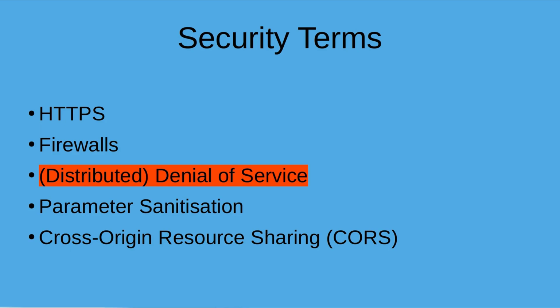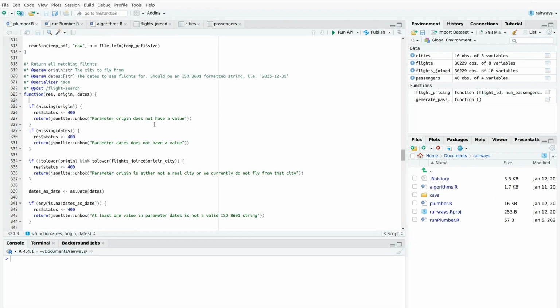Thankfully, our current API implementation does not involve too much computation, although one potential red flag is the flight search endpoint, which takes an array of dates as input. Our code converts the entire array to dates from strings, and then checks the array for any NA elements.